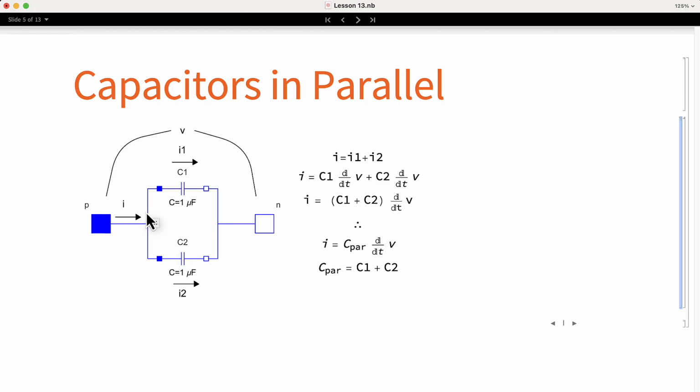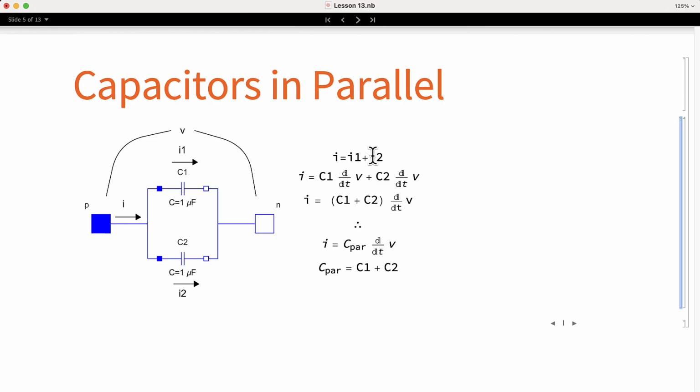This current is split into the currents I1 and I2. Since the two capacitors are in parallel, the voltage across their terminals is the same, and it is represented by the symbol V. From this diagram, we can derive the first equation that tells us that the current I is the sum of I1 and I2.